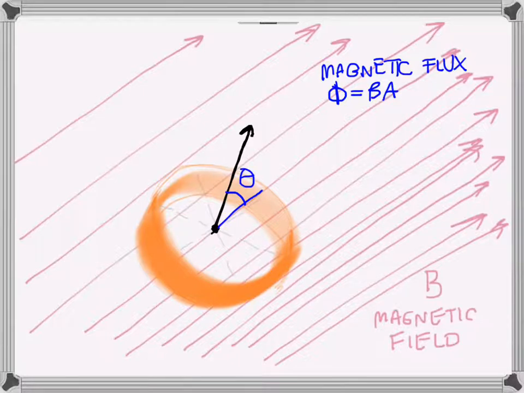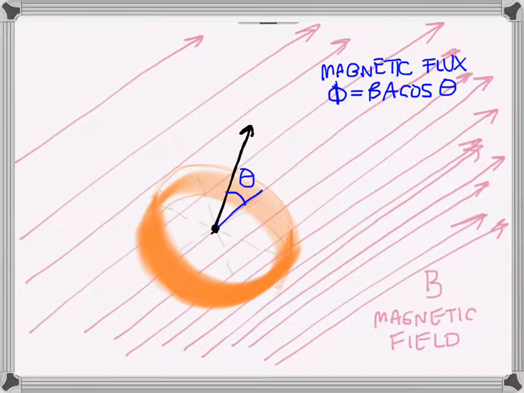When that angle is really small, the magnetic flux is at a maximum, and when it is 90 degrees, it was 0, so this must be a cosine representation. The cosine of that angle is going to play a factor in our magnetic flux.